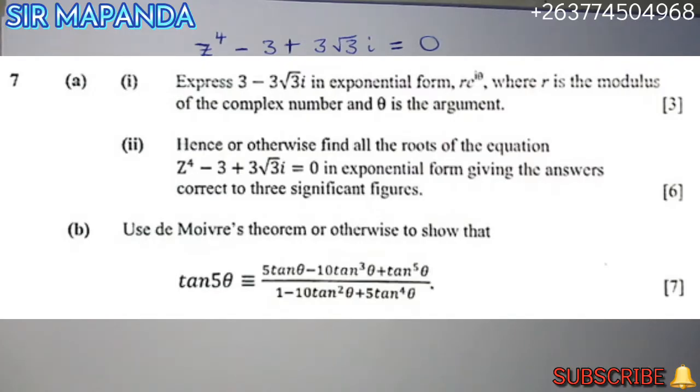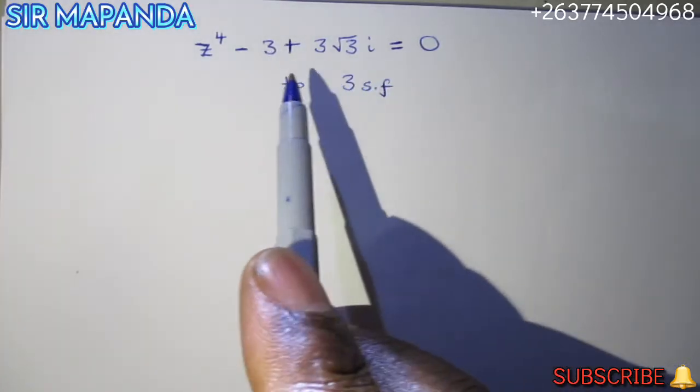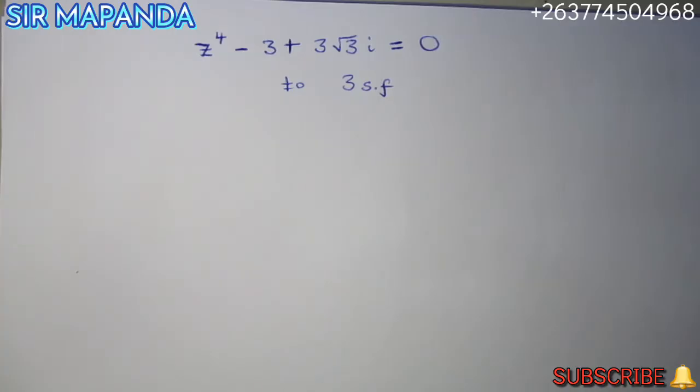Right, so when solving the nth root of a complex number, you start by moving those numbers minus 3 and 3 root 3i to the right side, so that you make z to the power of 4 the subject first.